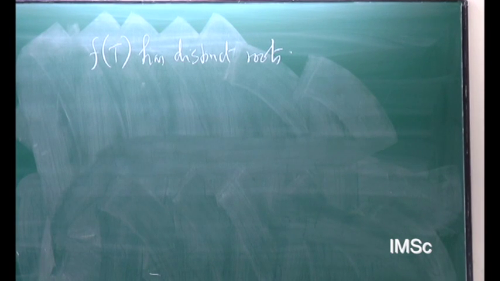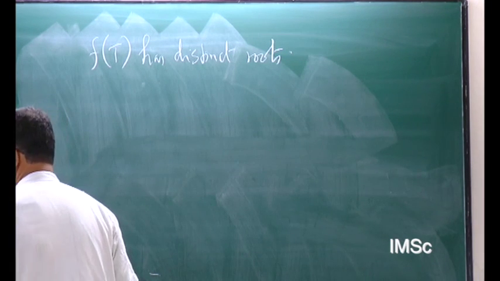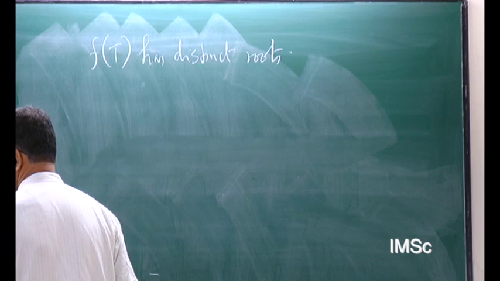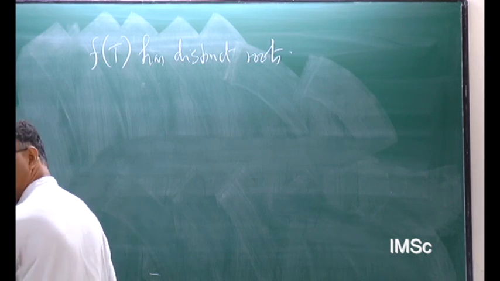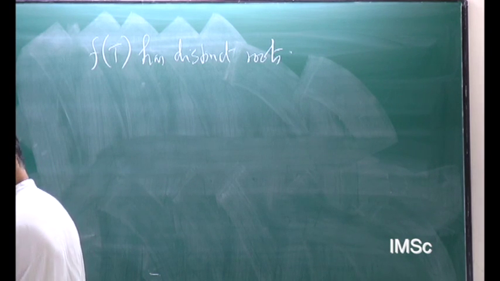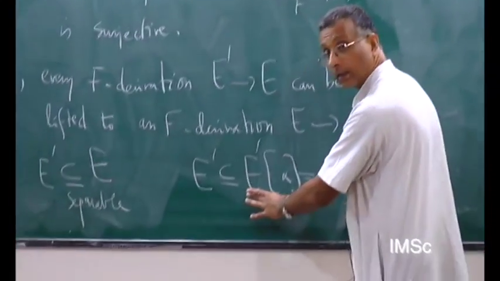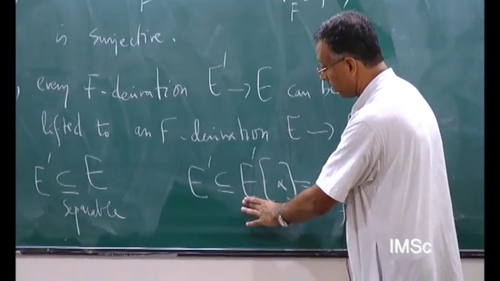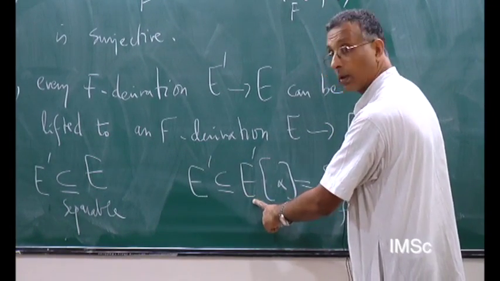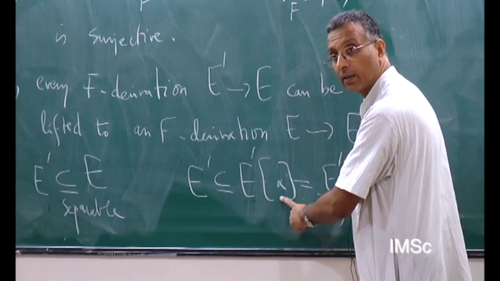Okay. So observe that this is E now. E is generated by E prime and alpha, right?